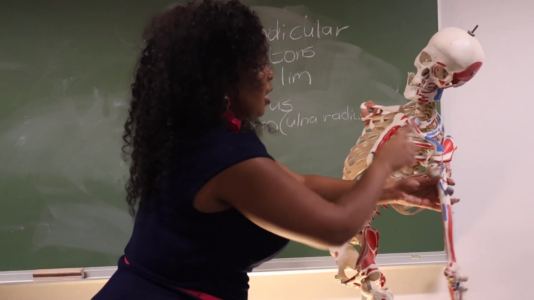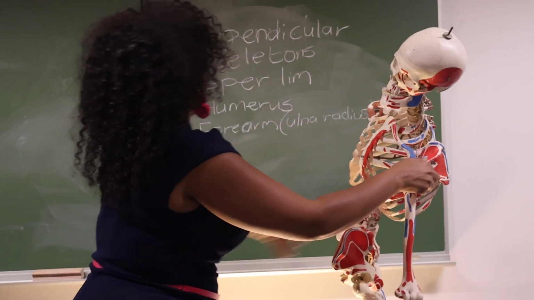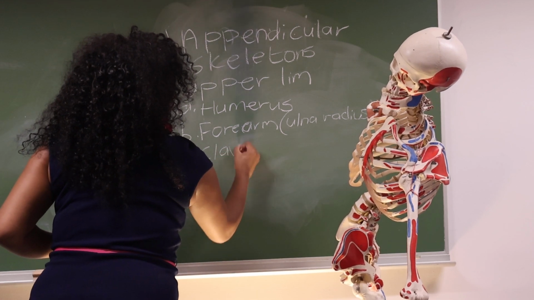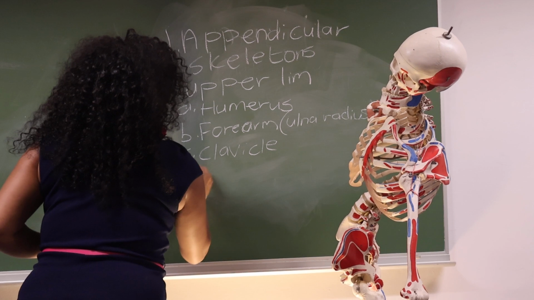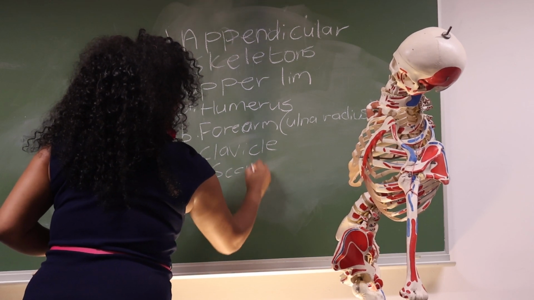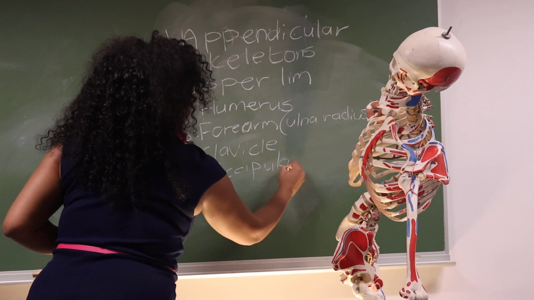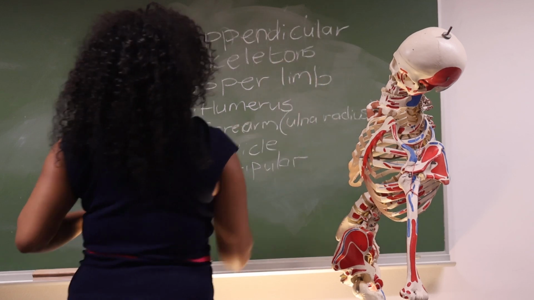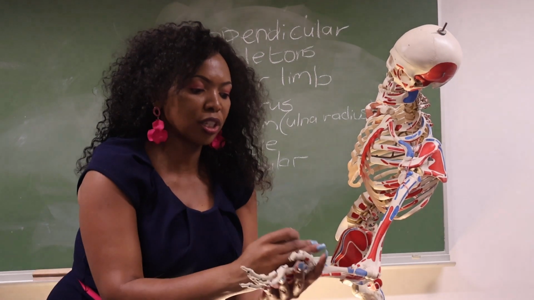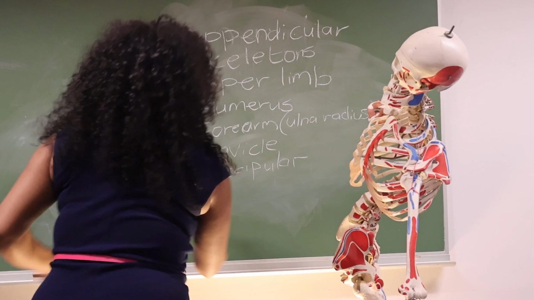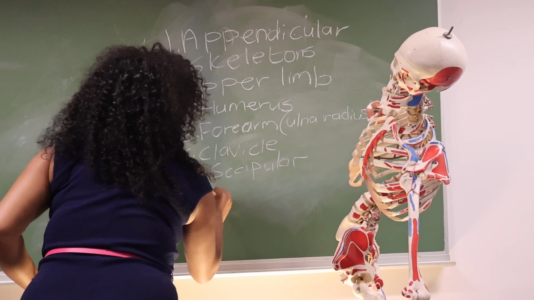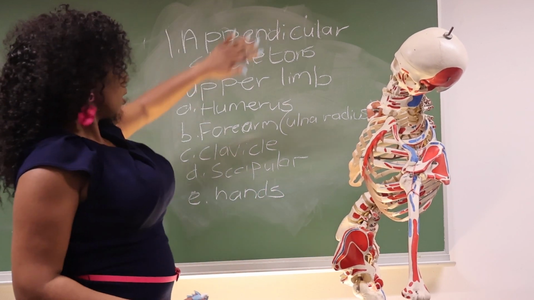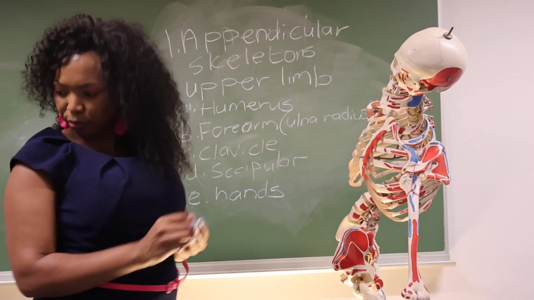Of course, not forgetting the clavicle and the scapula, which is right at the beginning. Clavicle and the scapula. Oh, and let's not forget our hands, all the bones in the hands. This is the hand, because there are many bones in the hands. So this is the upper limb.